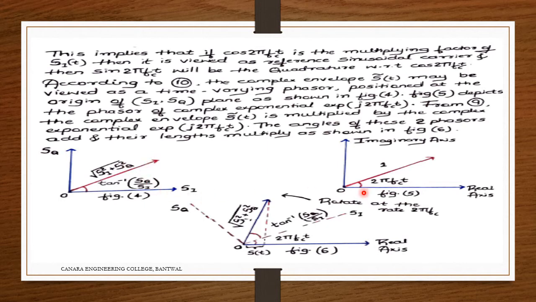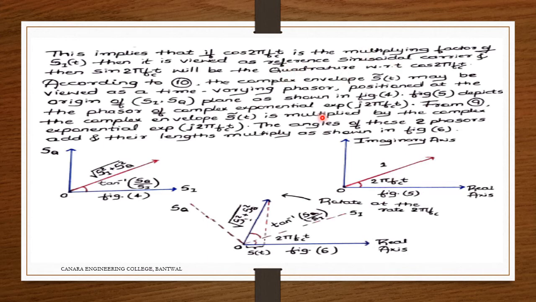And when we take it in terms of positioning, you can see here this is the real axis and this is the imaginary axis. We take this as a magnitude of 1, and we take 2 pi fct in the cos phi, and this 2 pi fct is nothing but the reference.